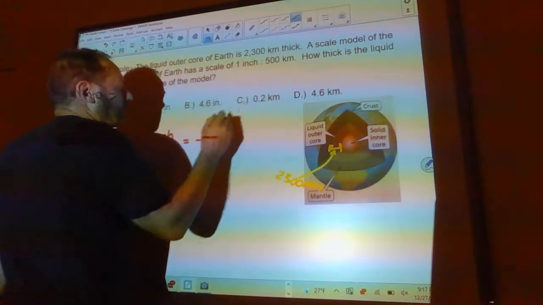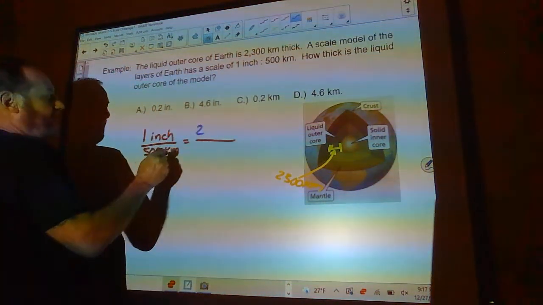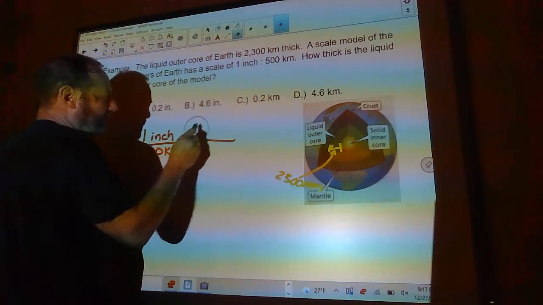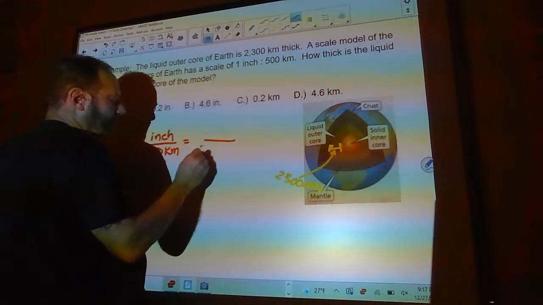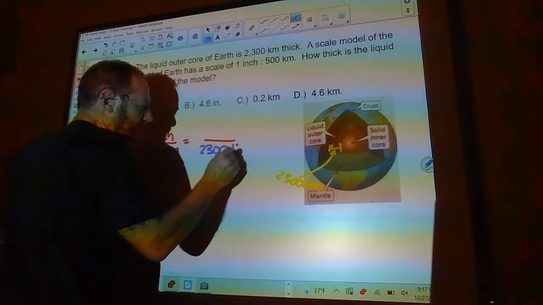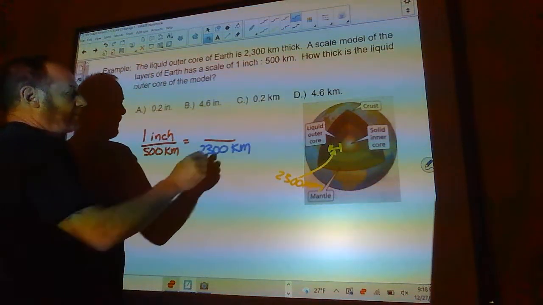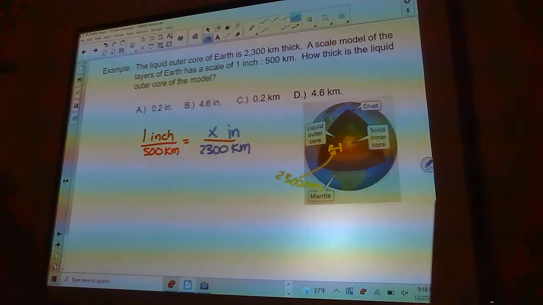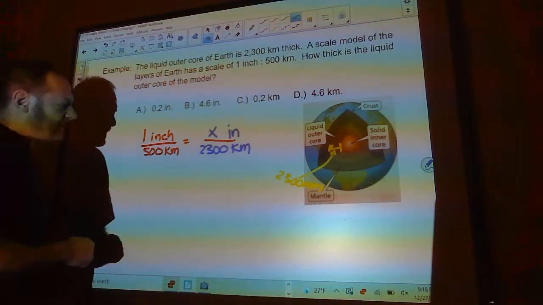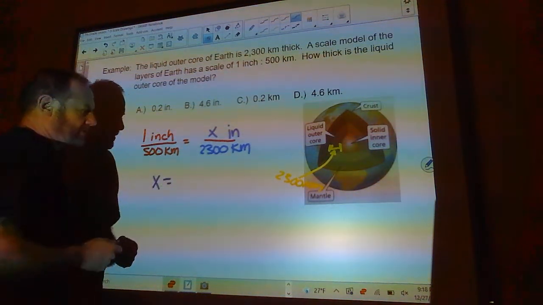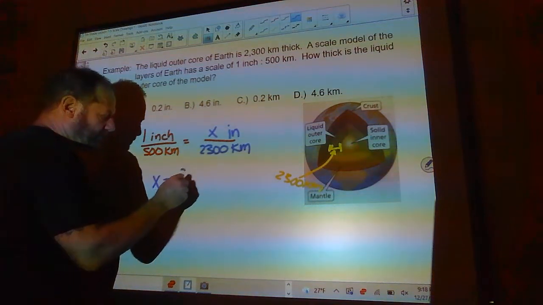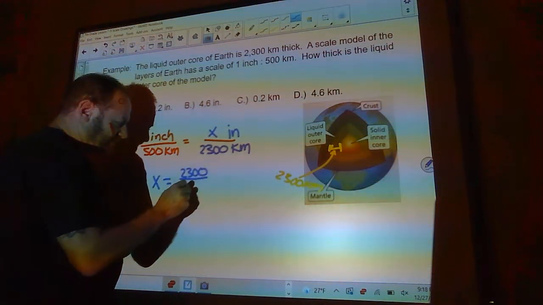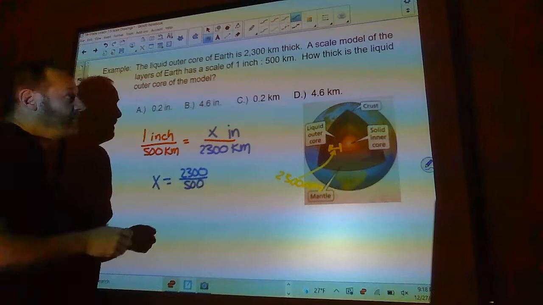We want kilometers on the bottom, so we have 2,300 kilometers over here. Then up here we're going to have inches. The question is how thick is that going to be on the model? How many inches? So X is going to be 2,300 times 1, which is just 2,300, divided by 500.